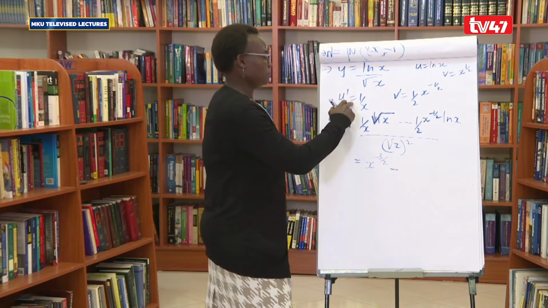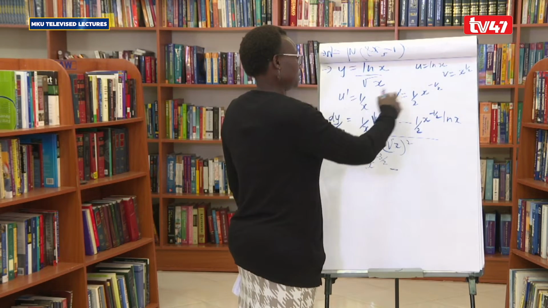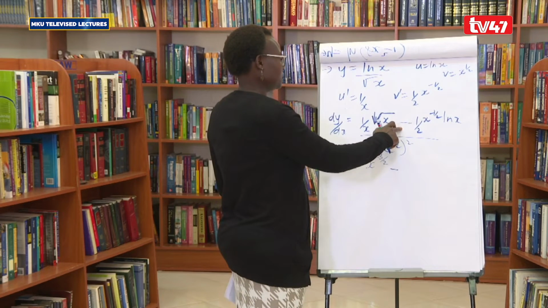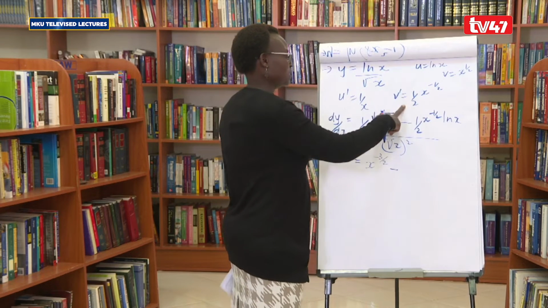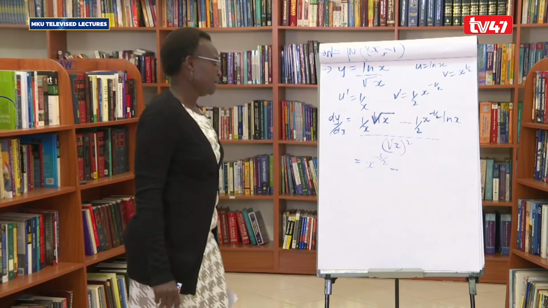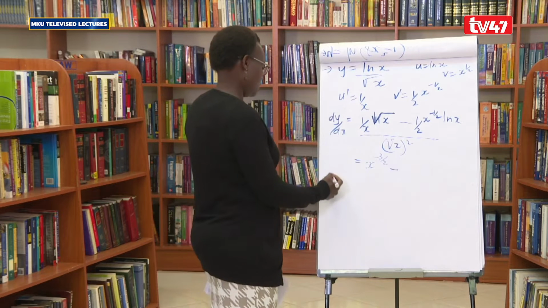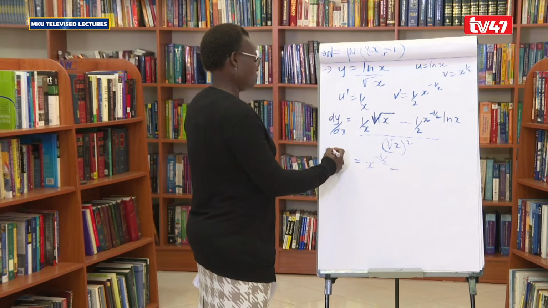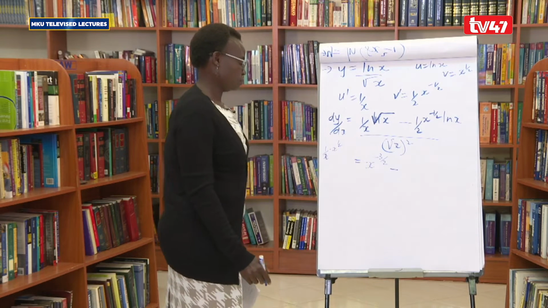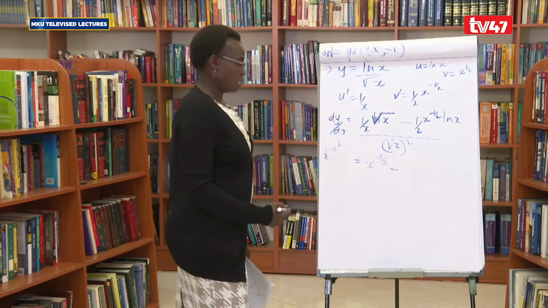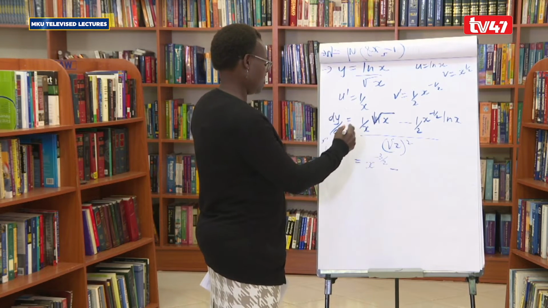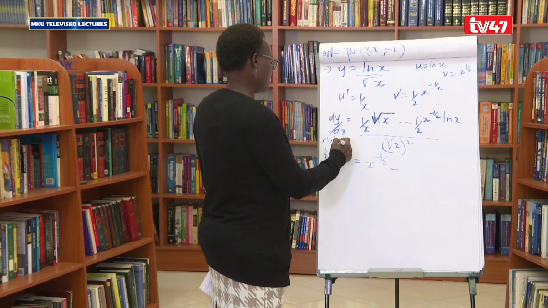So we have u bar v, that would be 1 over x times x raised to power a half, minus v bar u. v bar u would be a half x raised to power negative a half times ln x. So this would be 1 over x, and then you're multiplying by that x raised to power a half. So this is the same as x raised to power negative 1, times x raised to power a half.